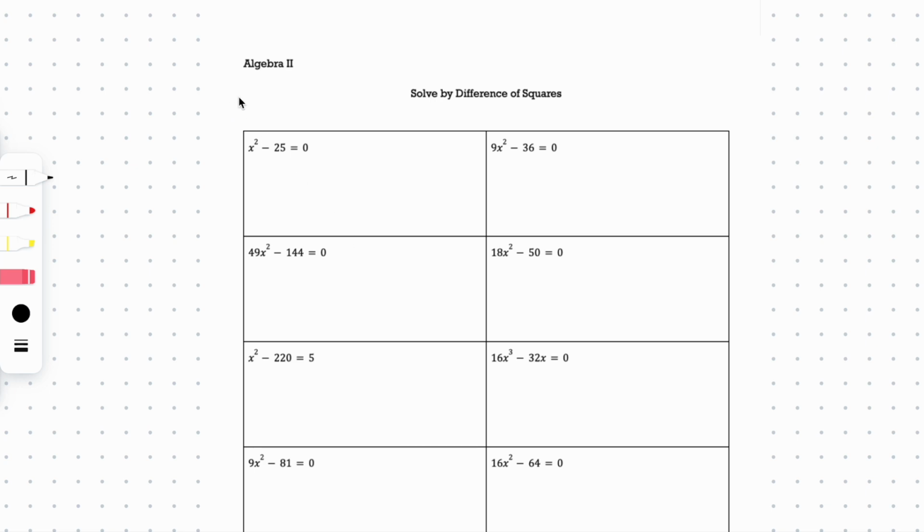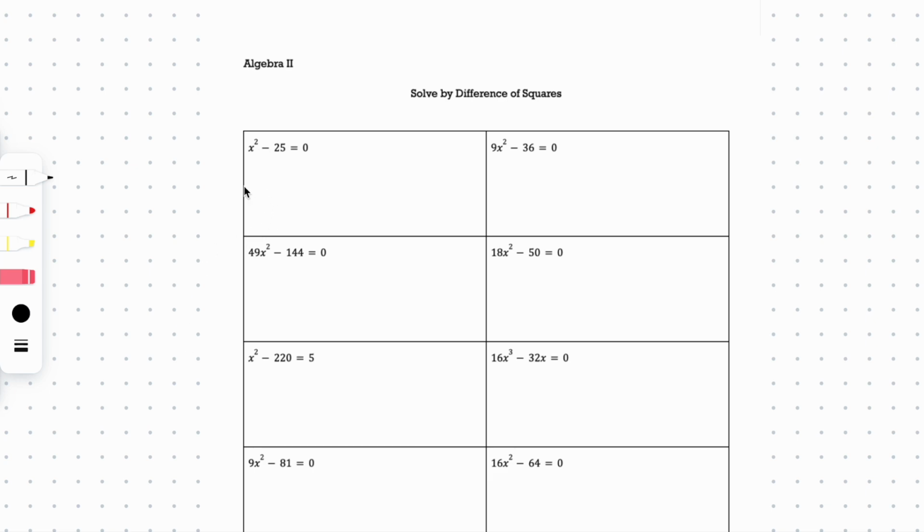A good example is 9x squared minus 81. 9 is a perfect square, x squared obviously is a square, and 81 is a square. And we don't have a b term, so it's likely going to be a difference of squares problem.